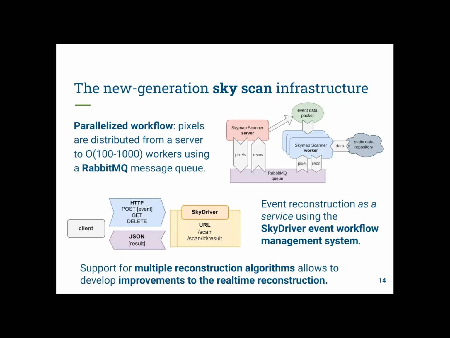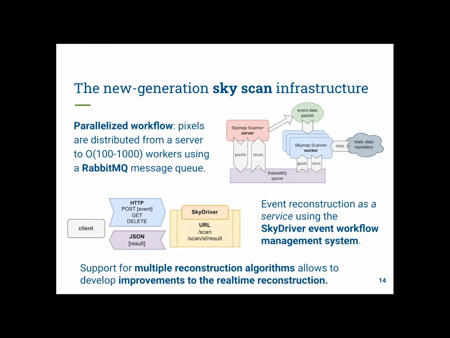And to test this new reconstruction, we have also implemented a new generation infrastructure for the skyscan method, where we handle a parallelized workflow, where we distribute the reconstruction of the pixels to a number of nodes that goes between 100 and 1,000, using as a backend an asynchronous message queue.